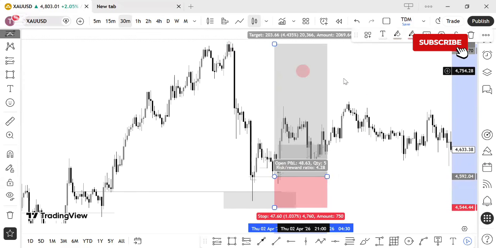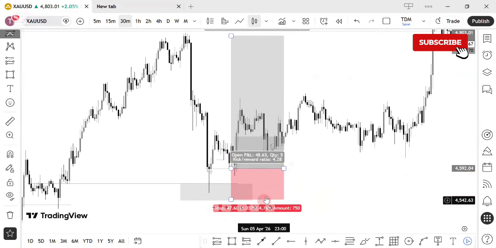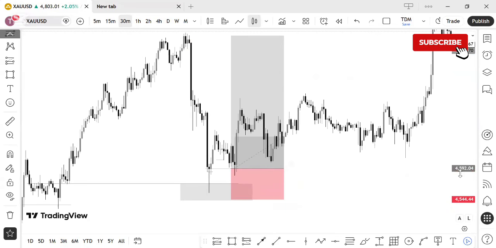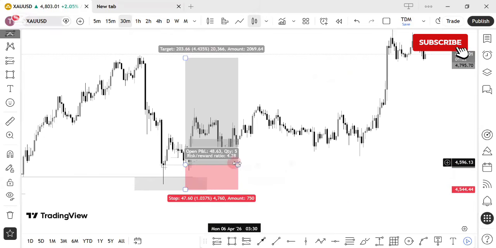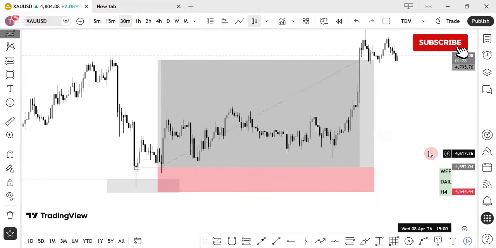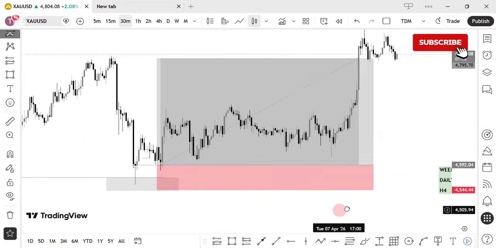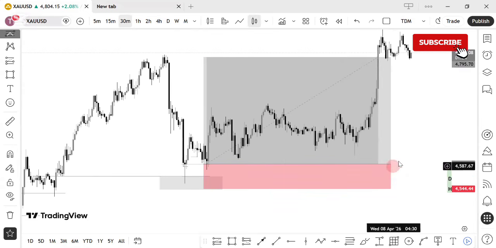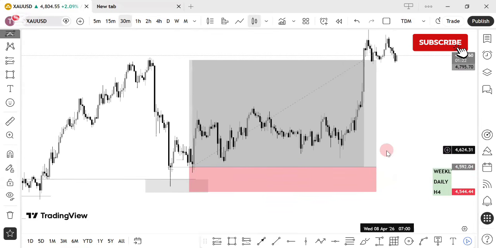This was the high I was targeting. It gave me a 4R trade. See how the market has been dancing until I hit what? A take profit. This is just very, very simple, precise, and in fact, everything is straightforward on this gold.